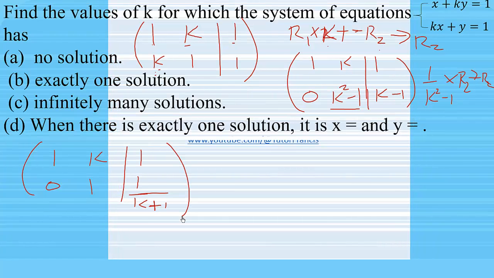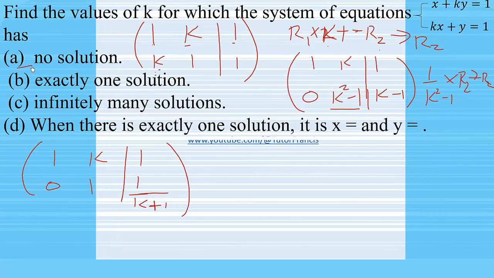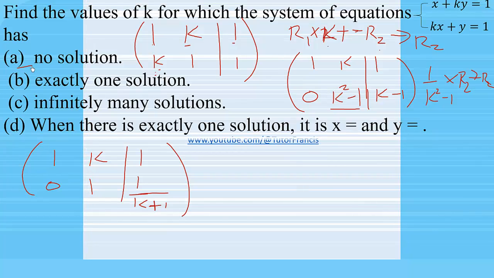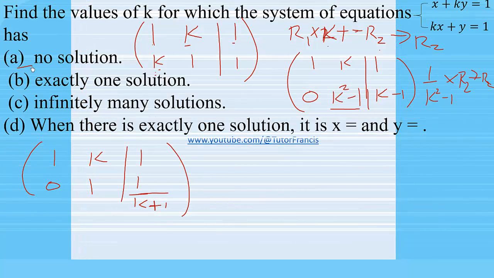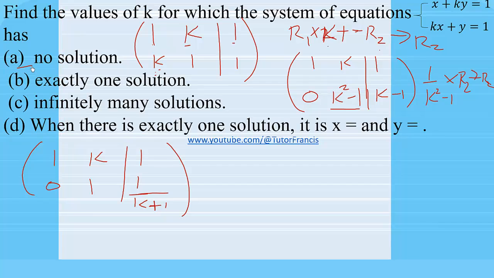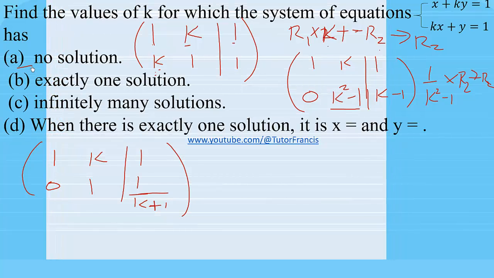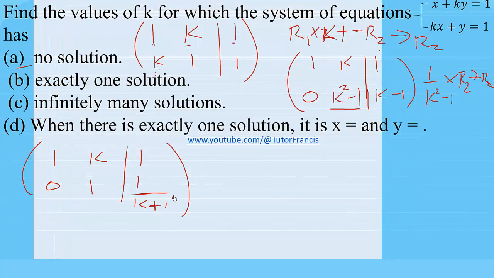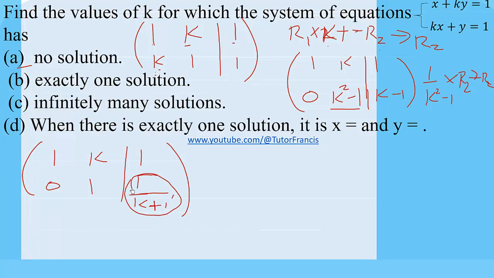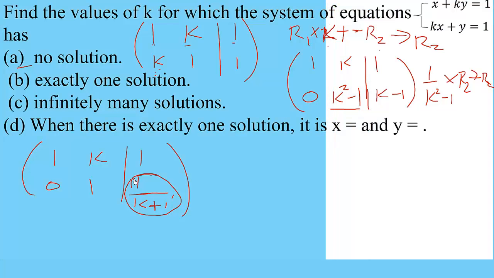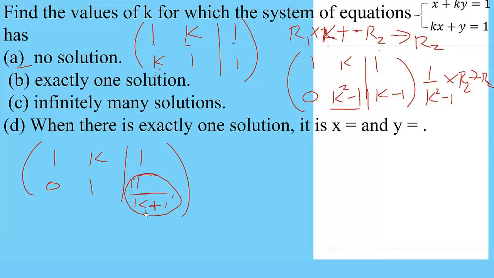Now when we pause here, we can answer this question. Find the values of k for which the system of equations has no solution. Now in order for this system to have a solution, this value here must be a real number. If that is the case, then the denominator must not be equal to 0.